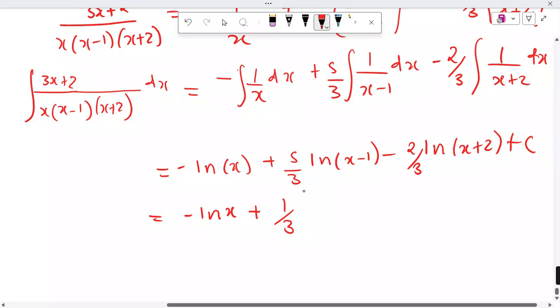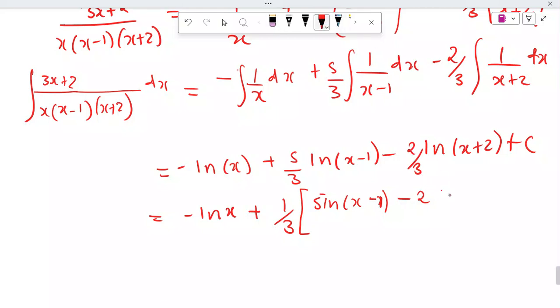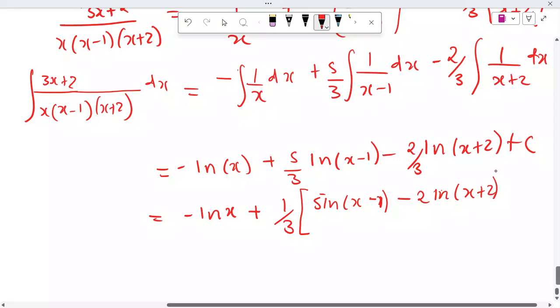Then here you have 5 ln of x minus 1, minus 2 ln of x plus 2, so plus c. Yeah, so this is your answer.